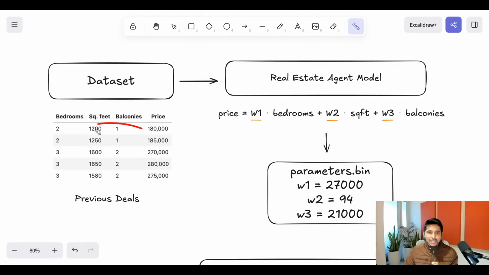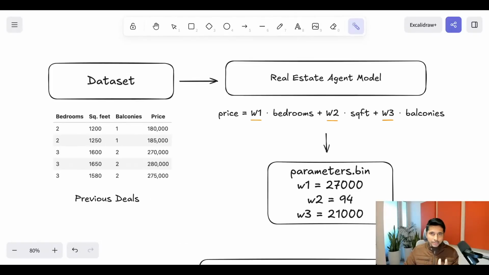By seeing all this data, by doing some mathematical calculation, we can infer that w1 will come out something like this after the training process. So we will feed all this data into the model.py, which is here the real estate agent model, right? After feeding all this data, w1, w2, w3 will come out. So you can think of it like that: from the experience, people will be able to infer the values of w1, w2, w3.